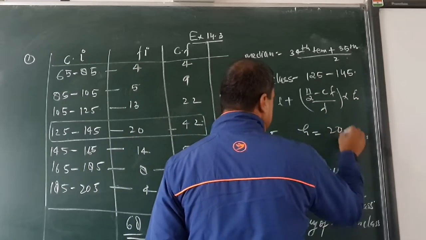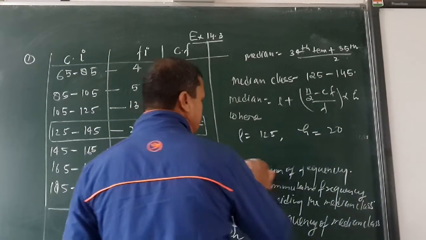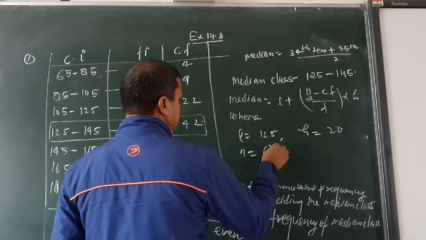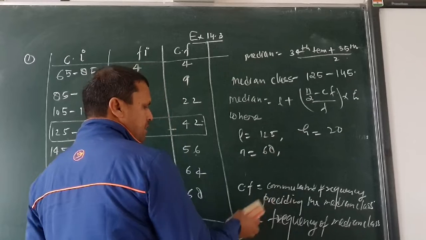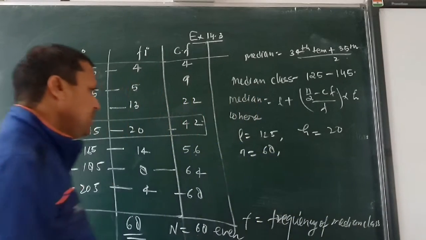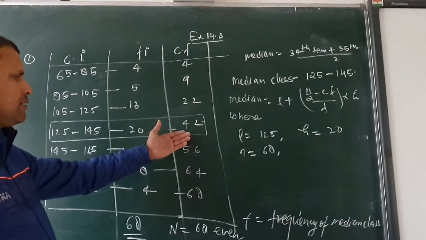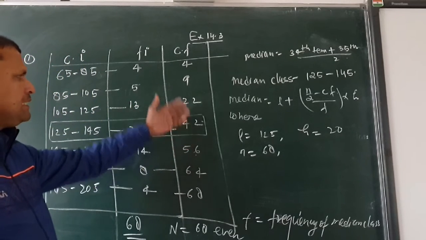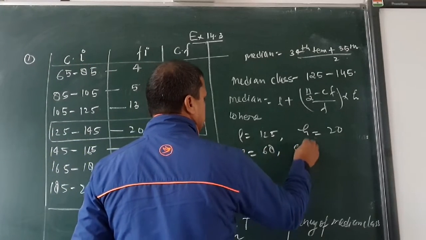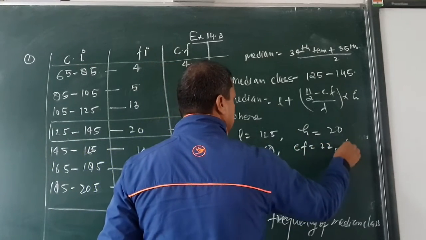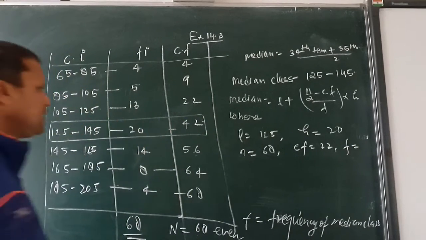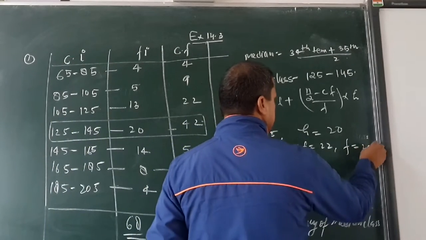Subtract, it is 20. n equals sum of the frequency, that is 68. CF equals cumulative frequency preceding the median class, that is 22. And f equals frequency of the median class, that is 20.